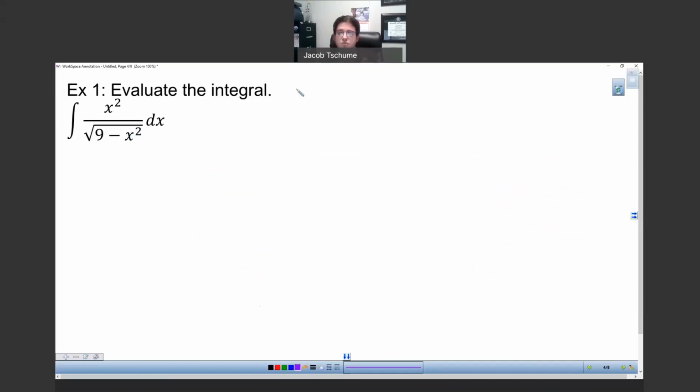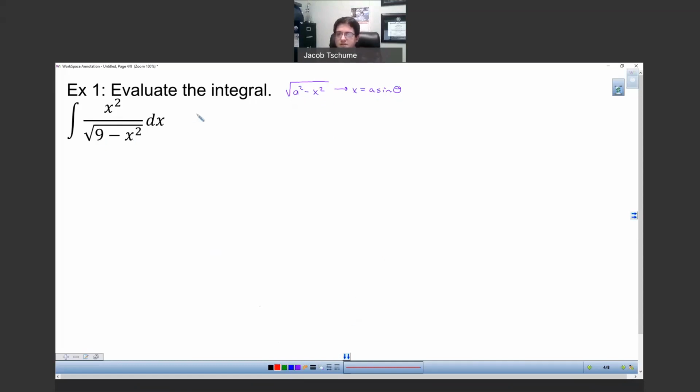So when we do trig substitution and we look at our square root, this square root matches the form the square root of a squared minus x squared, which tells me I need to use the trig sub a sine of theta. Since our a squared matches up to 9, when you take the square root of 9, your a value is going to be 3.